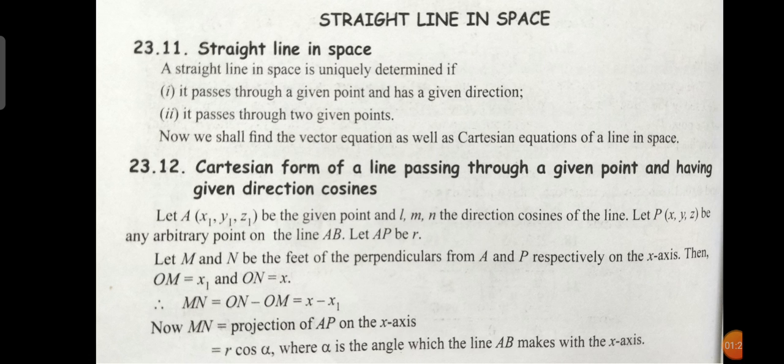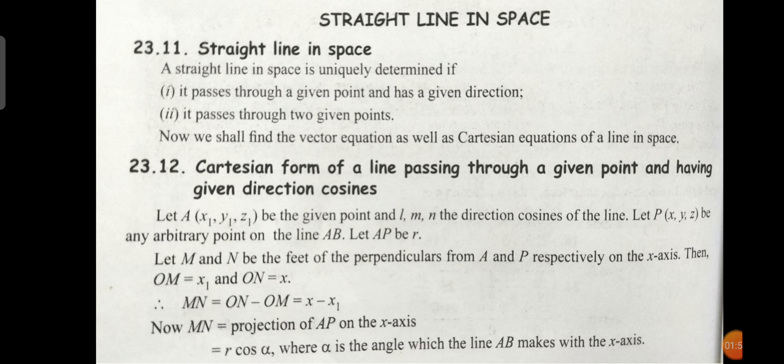And let AP be r. Then let M and N, capital M and N, be the feet of the perpendiculars from A and P respectively on the x-axis. These are all in three-dimensional space, so you have to imagine it.